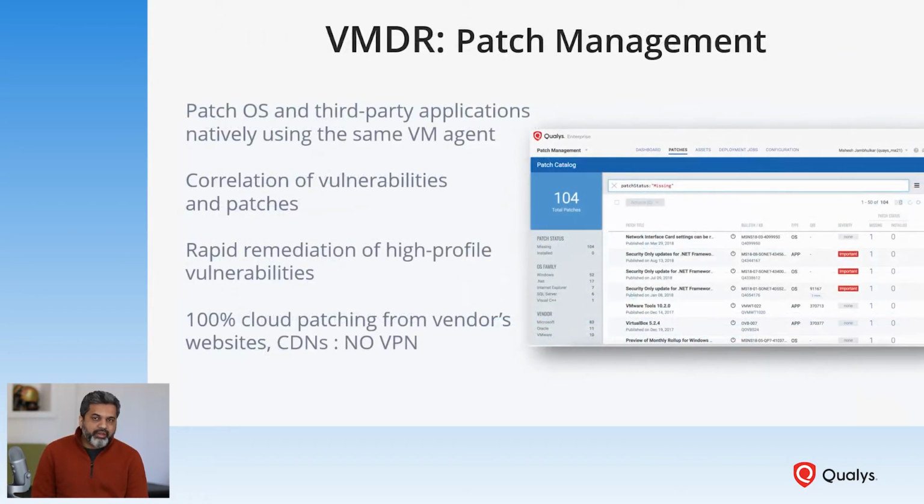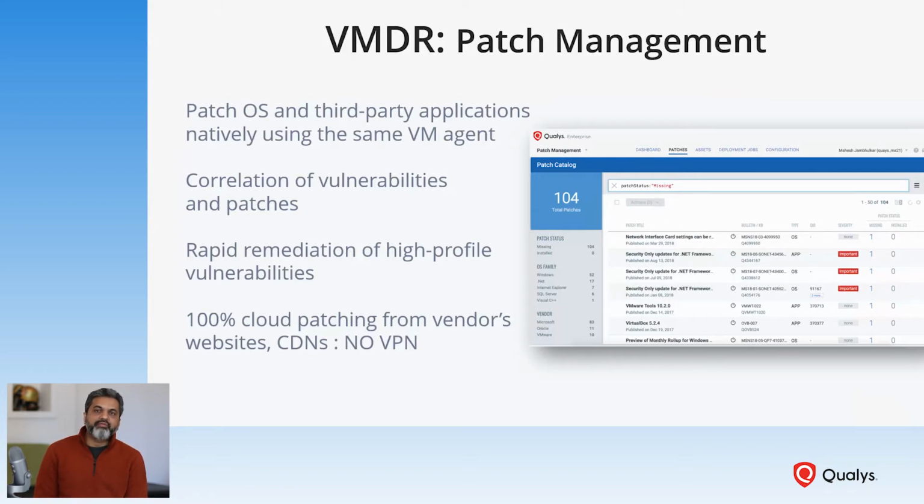Patch management as part of the VMDR solution is very, very exciting, because it really cuts down on the time that it takes to go from vulnerabilities to patches. I mean, all of you are today dealing with this, where giving a threat or a prioritized report, even after doing the prioritization to the IT teams, trying to figure out how a vulnerability maps to a precise patch is something that is extremely difficult to do.